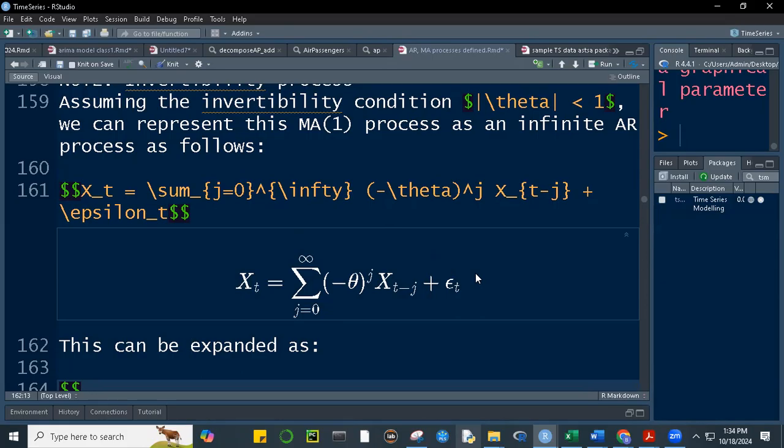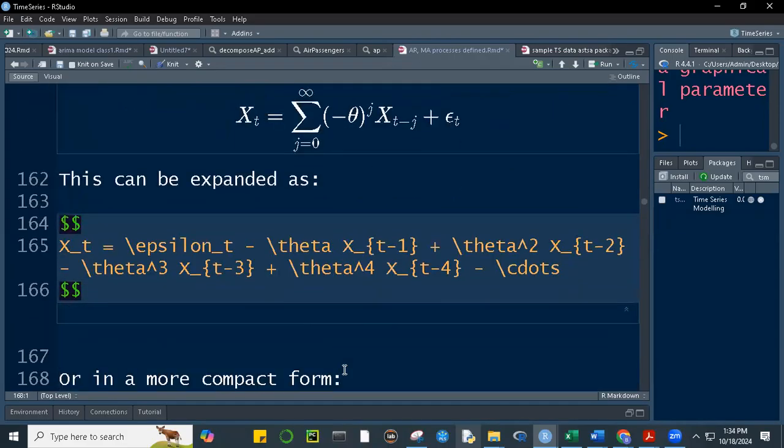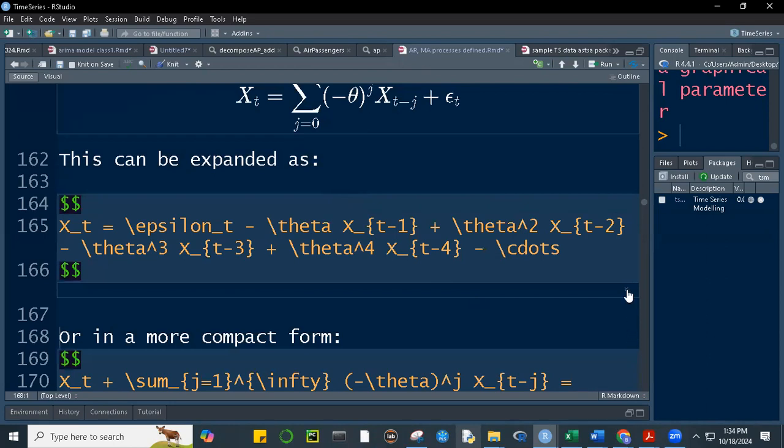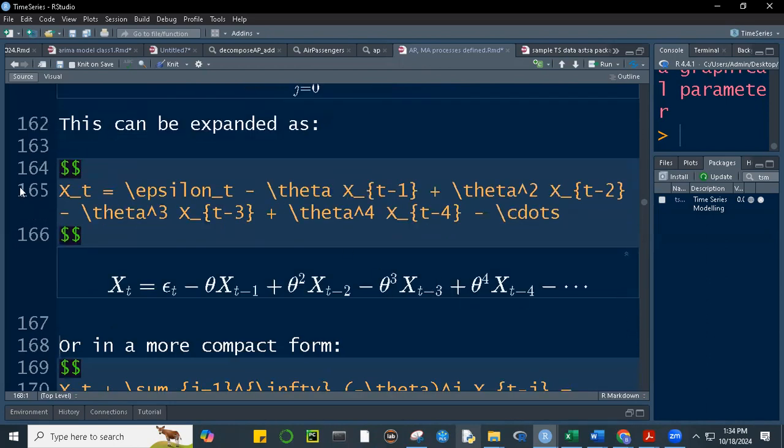Same thing, class. An AR process can be converted into an infinite MA process. So if you take a look at this, the one that I shared with you, class, here. So this can be written, class, as x sub t is equal to epsilon sub t plus theta times x sub t minus 1.